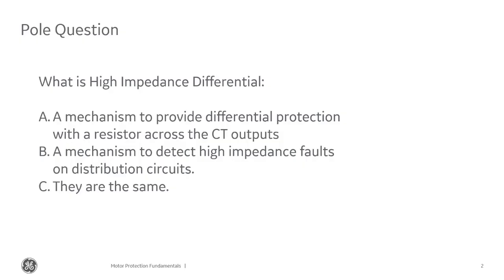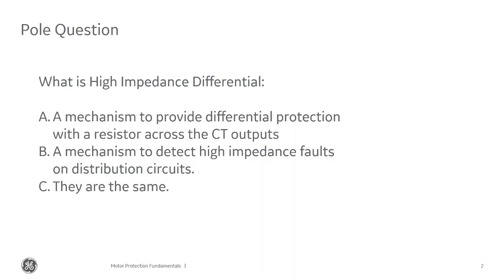One of the ways that I like to think about this is that high impedance bus protection makes use of the fact that CTs can saturate by forcing them to saturate with a resistor across the CT output. And by forcing them to saturate, we get much more predictable performance. And based on that predictable performance, we can provide protection.